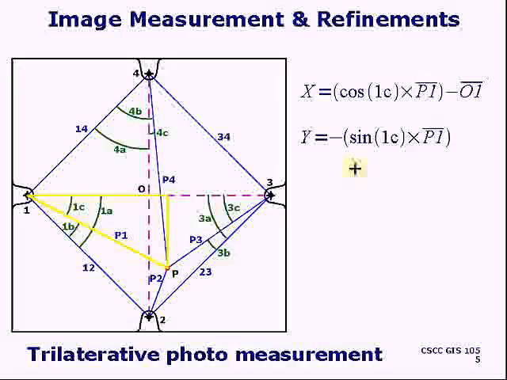In this case, the y coordinate is going to be the opposite, the sine of this angle, opposite over adjacent. So we take the sine of 1C times the hypotenuse, and that is going to give us the y. We can look at it and see that it's below the origin, so we're going to say that's a negative y.